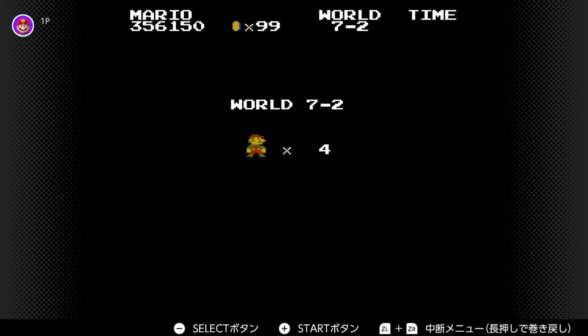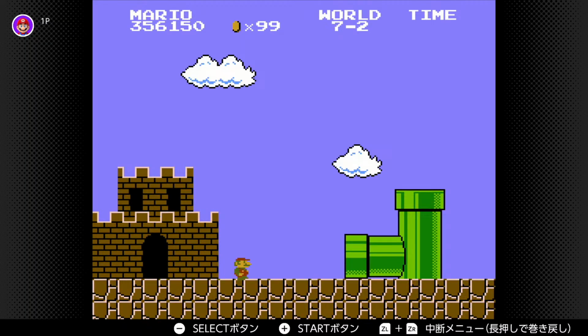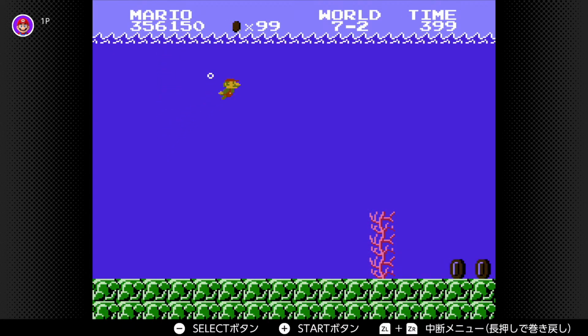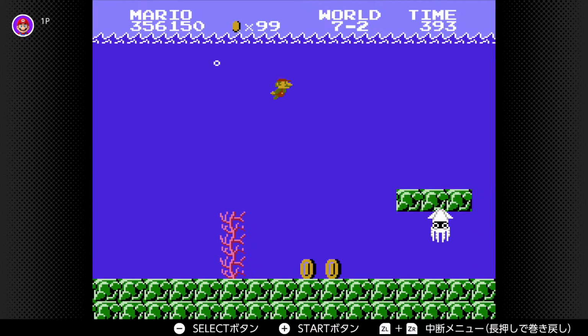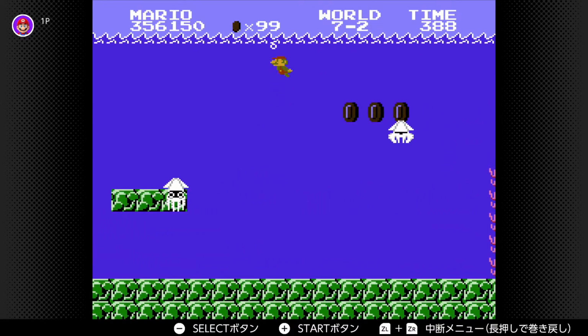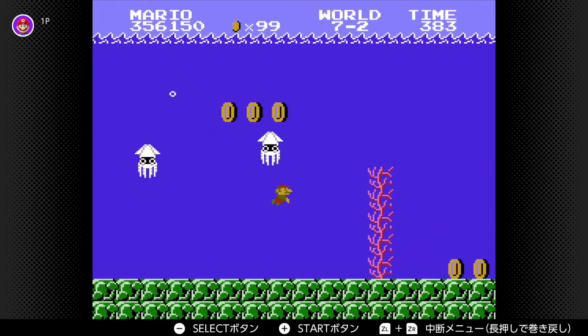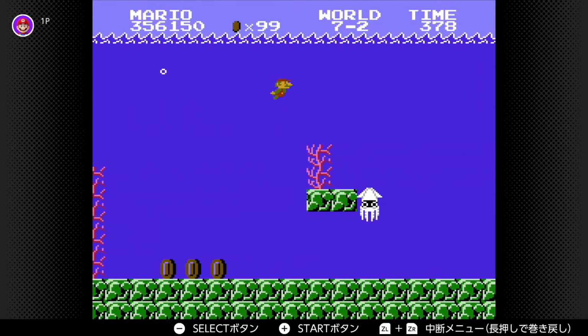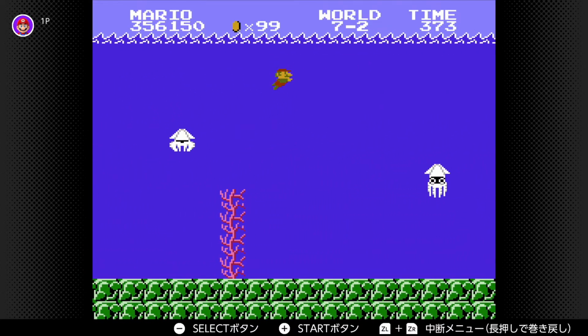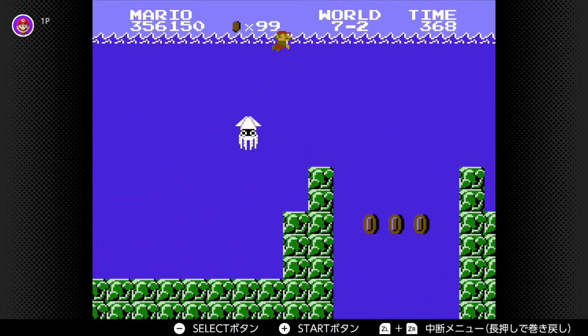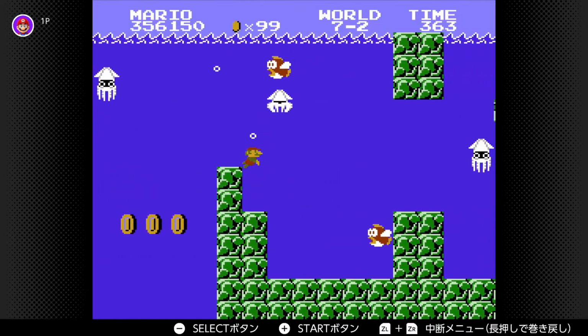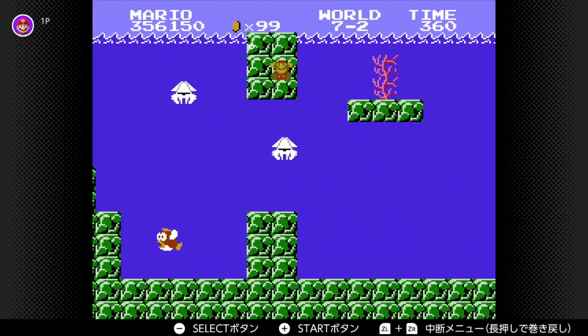World 7-2. We're going underground, maybe underwater. Yep. Lots of bloopers, I see. Not surprising since we are quite far into the game.